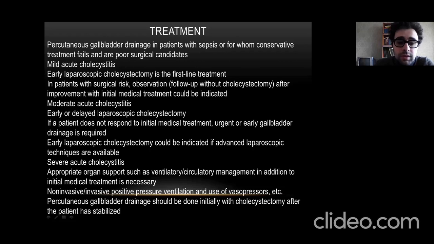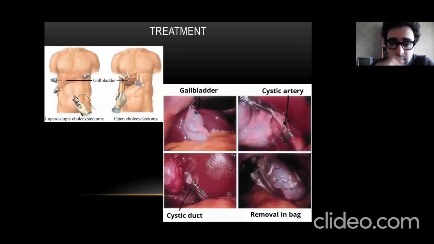If it is moderately severe and you cannot make laparoscopic cholecystectomy, maybe you should do laparotomic cholecystectomy. Severe acute cholecystitis often is operated by percutaneous gallbladder drainage, or if you come to operation and you cannot make laparoscopic cholecystectomy, you should do open laparotomic cholecystectomy.